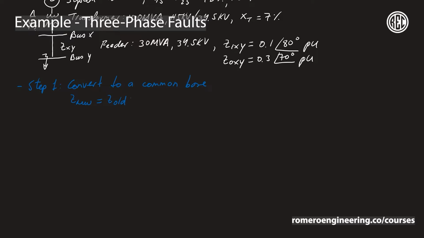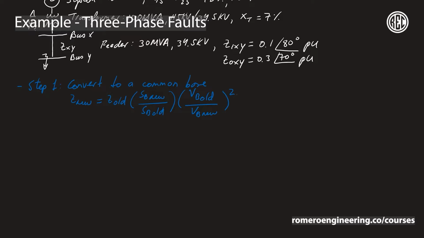Again, this is converting from one base to another, and I'm calling the old base old and the new base new. So Z new is equal to Z old times the base power new over the base power old, times the base voltage old divided by base voltage new, and this squared.